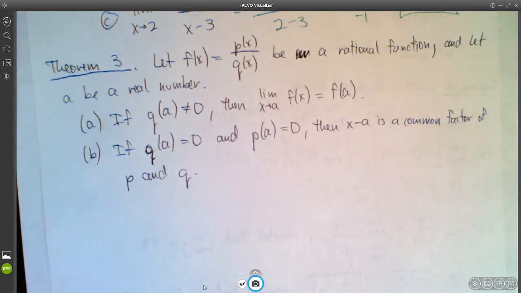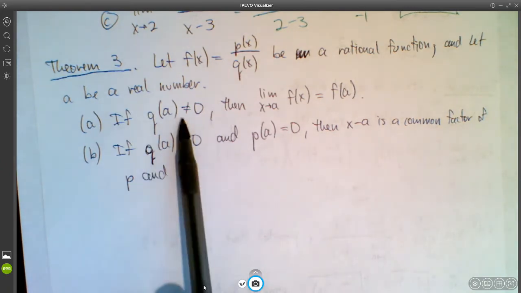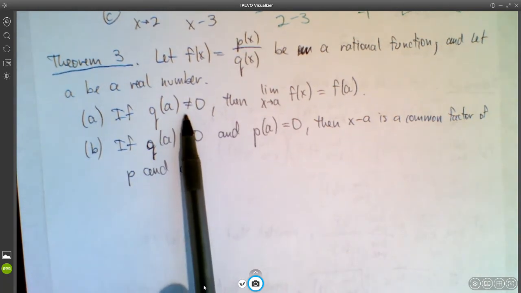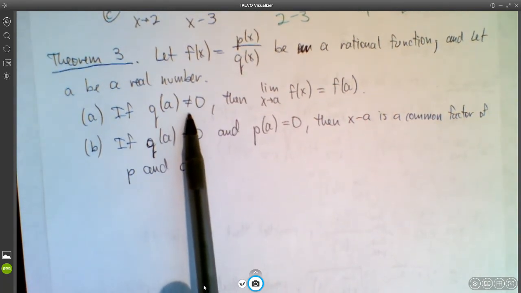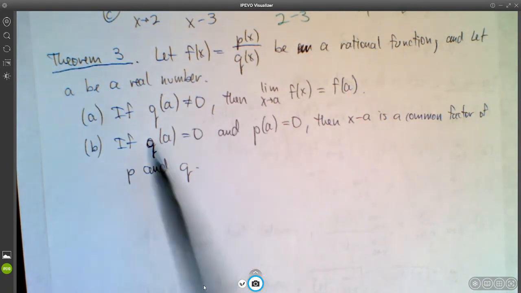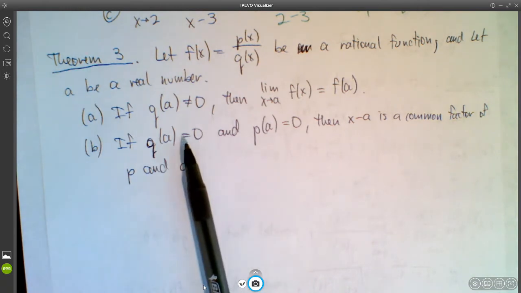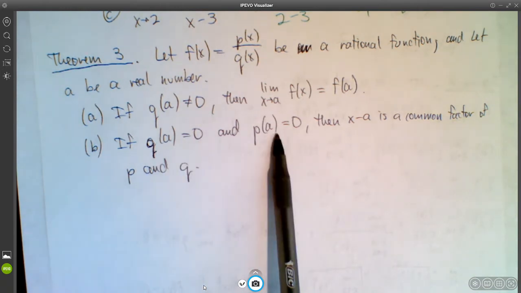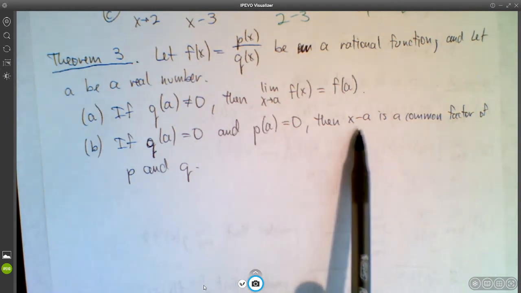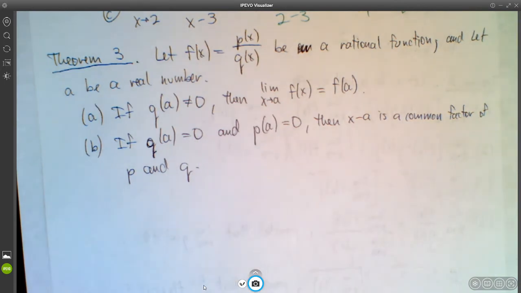After we've canceled it off, we can try plugging in a again, and hopefully that eliminates the problem of getting 0 in the denominator. If it doesn't, then we'll burn that bridge when we come to it. But that's the strategy. If the numerator and denominator are both 0 when you plug in a, then factor out an x minus a and cancel it, and then see what you have to work with.